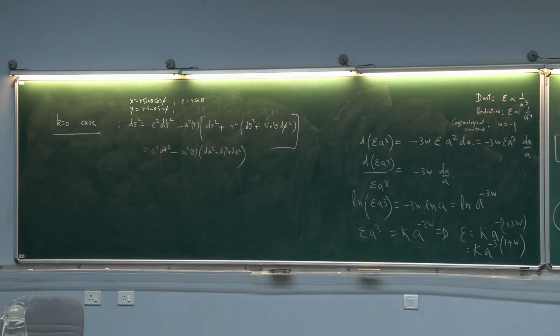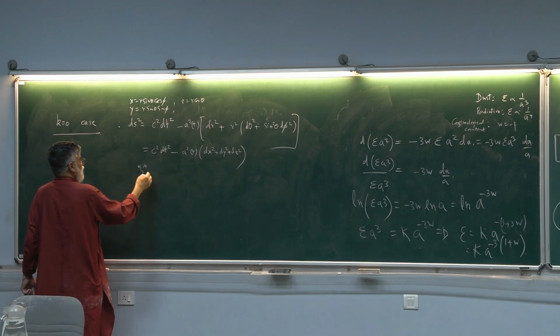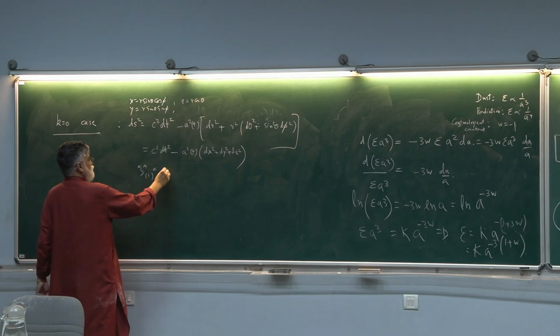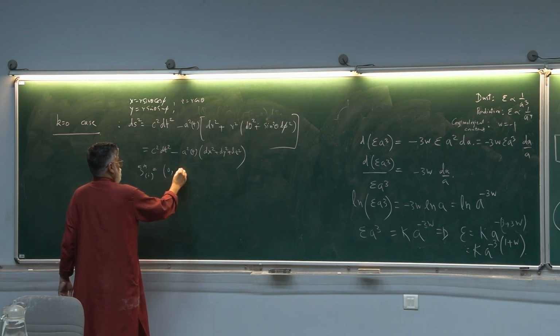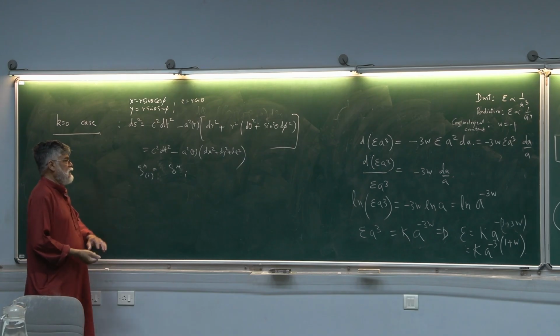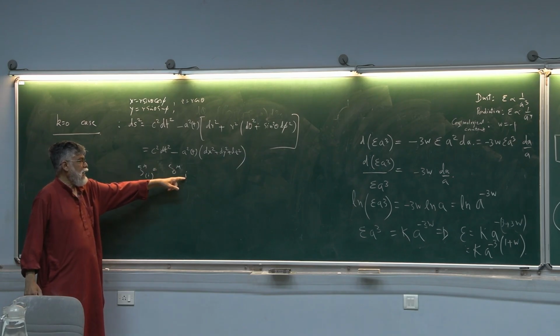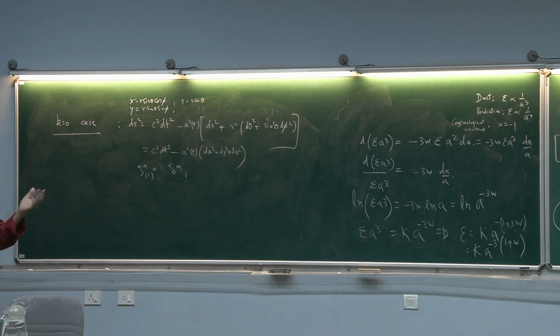Because the metric doesn't depend upon x, y, z, there are three Killing vectors, xi mu of I, which can be written as, first component is 0, the others are, or I can write it more simply, delta mu I, because when mu is 0 it is 0, and I is a spatial variable. There are three Killing vectors.